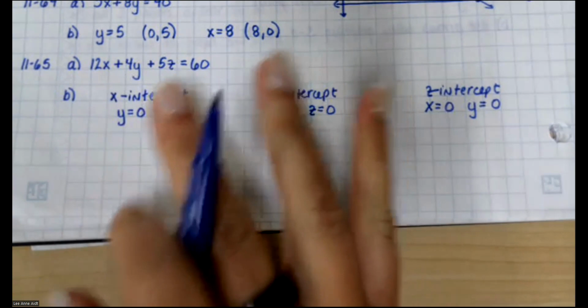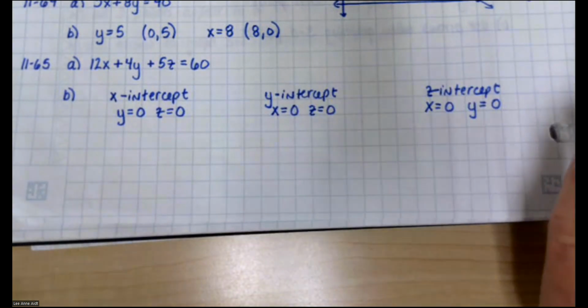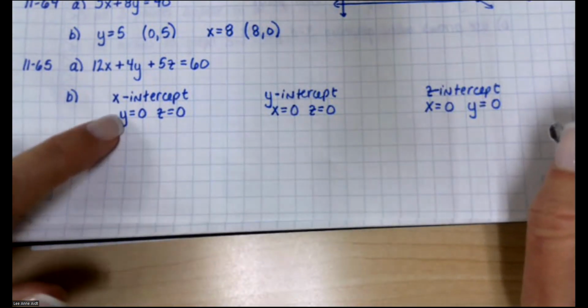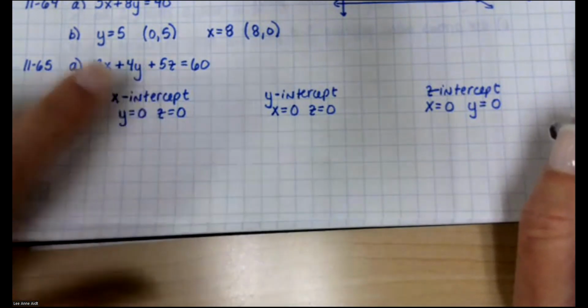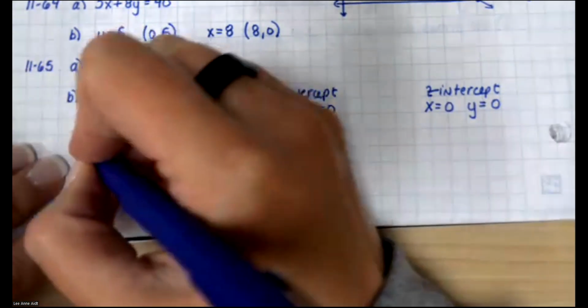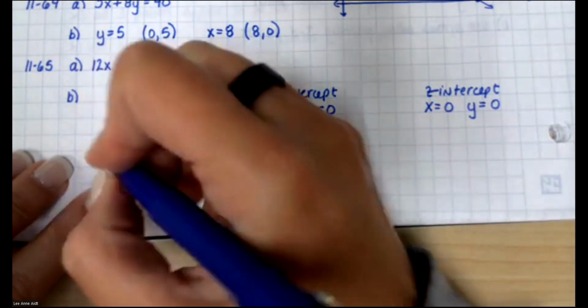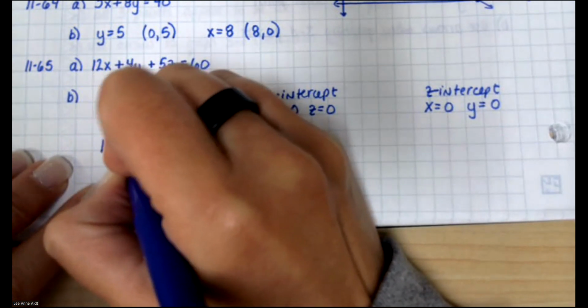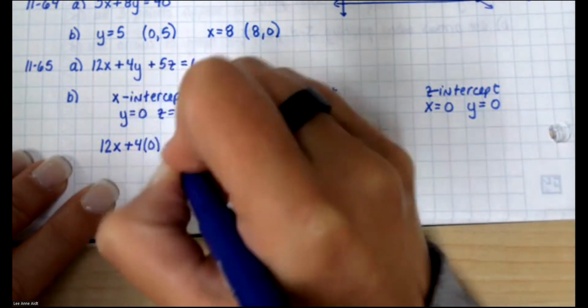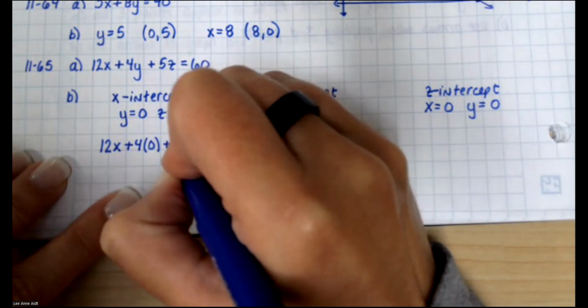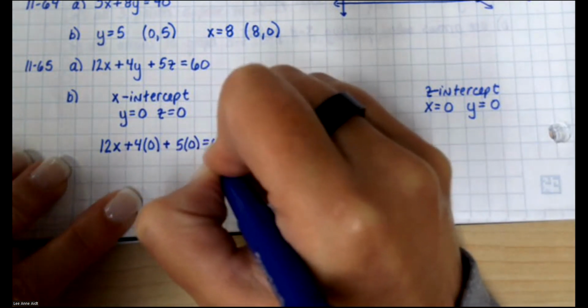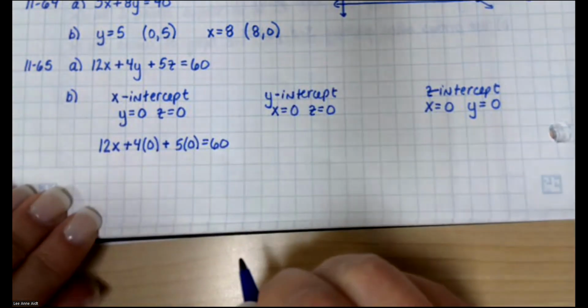So everything's 0 but the thing. Does that make sense? So I want the x-intercept, so the other stuff is 0. Okay, so I'm going to plug this in. So 12x plus 4 times 0 plus 5 times 0 equals 60.